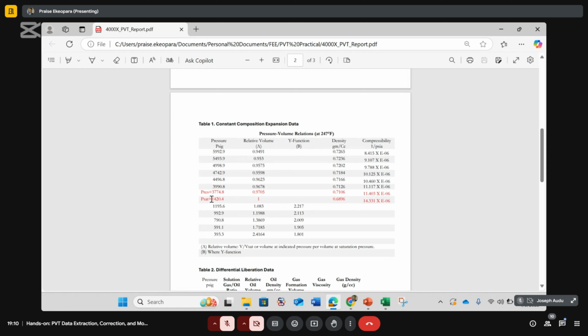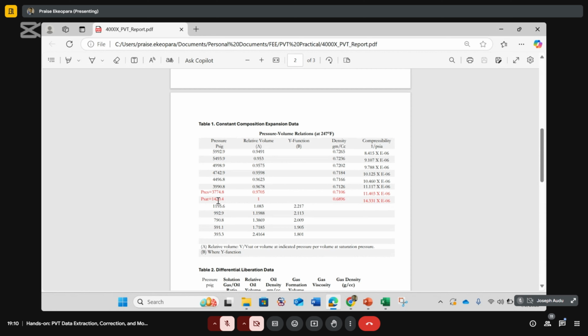But one key thing you need to know is that in the constant composition expansion test, the CCE test, what we are interested in is our saturation pressure. That's why whenever you see the report, there must be an indication, in the form of an arrow or color variation, to show you the saturation pressure.